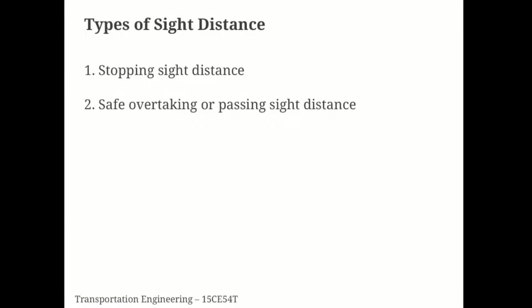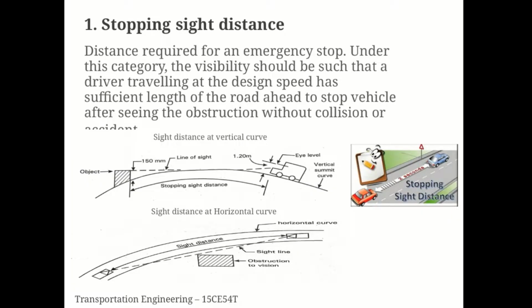Types of sight distance: there are two, stopping sight distance and safe overtaking or passing sight distance. Stopping sight distance is the distance required for an emergency stop. Under this category, the visibility should be such that a driver traveling at the designed speed has sufficient length of the road ahead to stop the vehicle after seeing the obstruction without collision or accident.